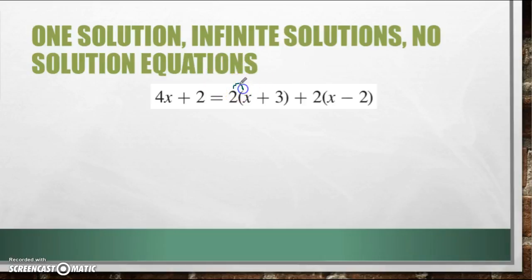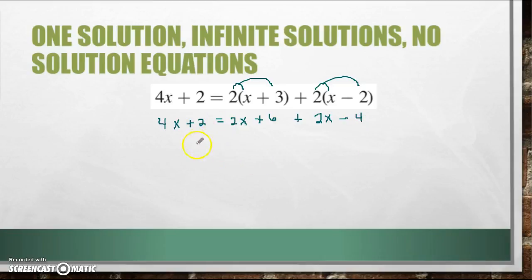So let's use our distributive property first for these two. We're not doing anything on the left. I'm going to leave that as 4x plus 2. And then 2 times x, that's a 2x. 2 times 3 is a positive 6. Plus 2 times x, that's another 2x. And then 2 times a minus 2, that would be a minus 4.